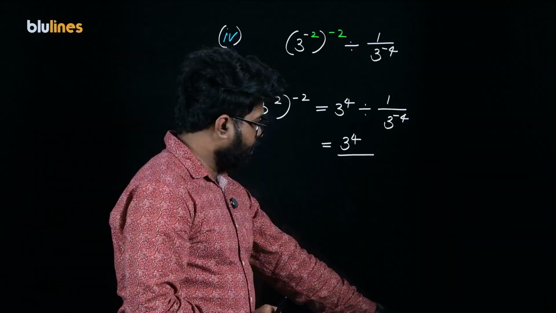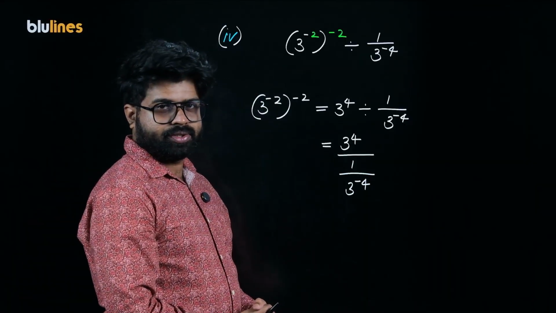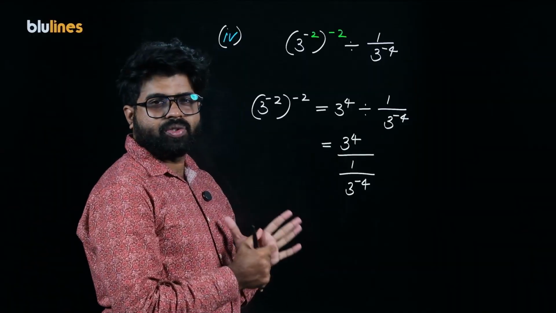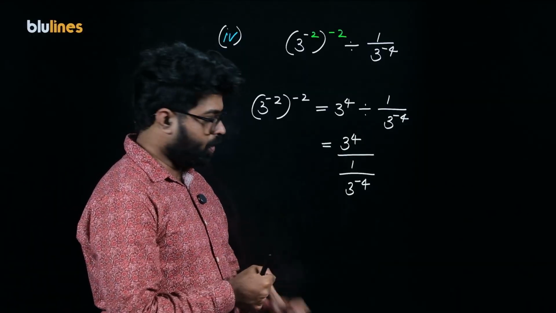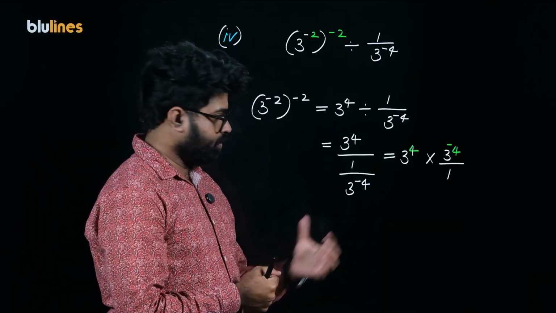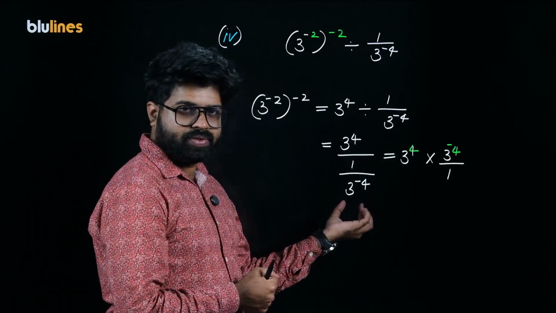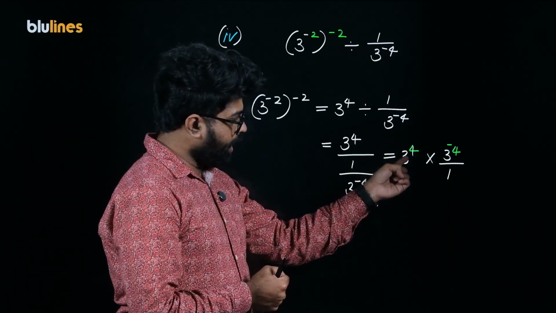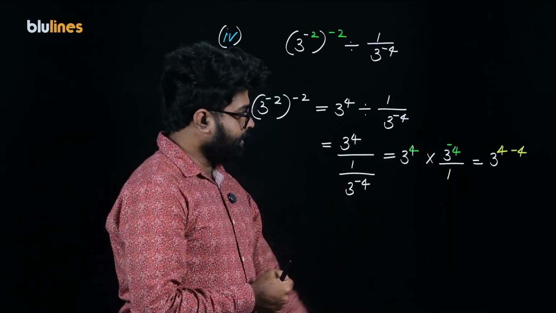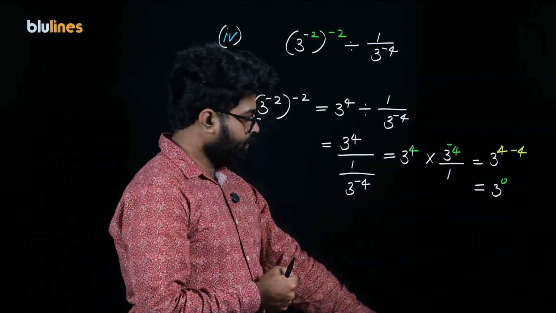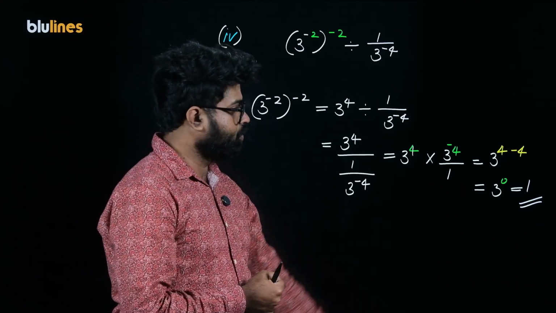So we can write this as 3 raised to 4 divided by 1 by 3 raised to minus 4. Now how can we divide two fractions? We multiply by its reciprocal. So 3 raised to 4 into 3 raised to minus 4 divided by 1, because the reciprocal of 1 by 3 raised to minus 4 is 3 raised to minus 4 divided by 1. Now this is of the form a raised to m into a raised to n, and that is equal to a raised to m plus n. So 4 minus 4, which is equal to 3 raised to 0. So the answer must be equal to 1.